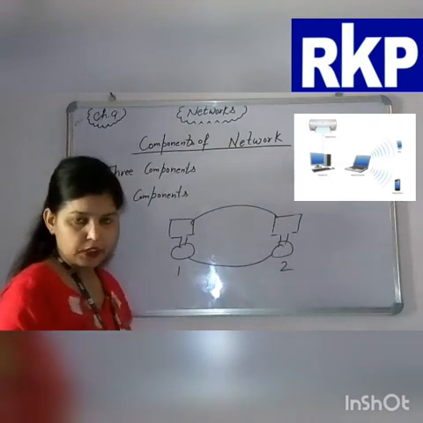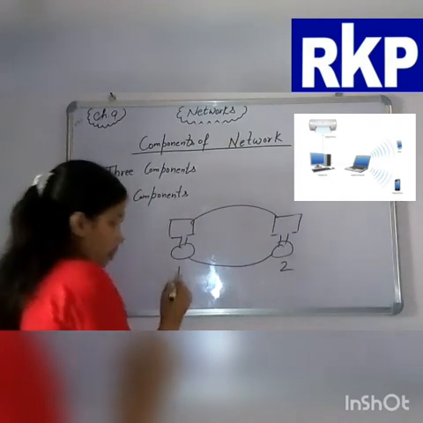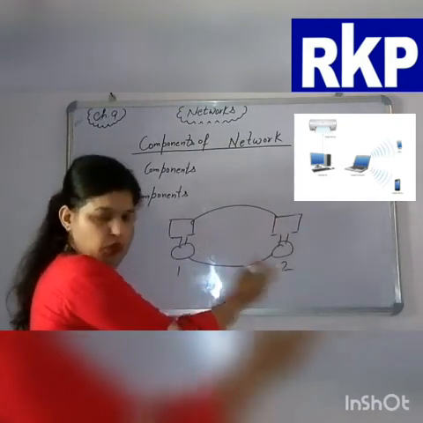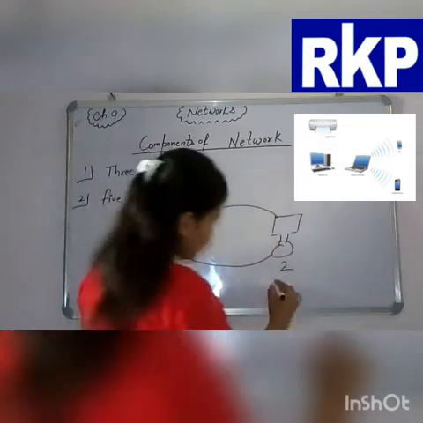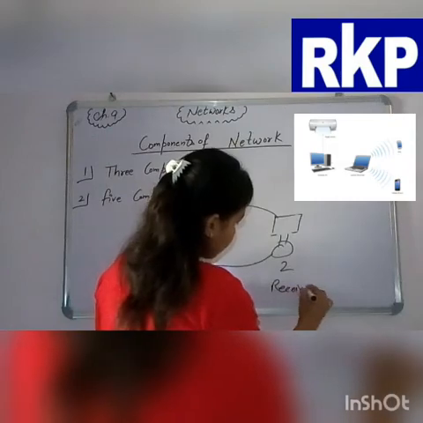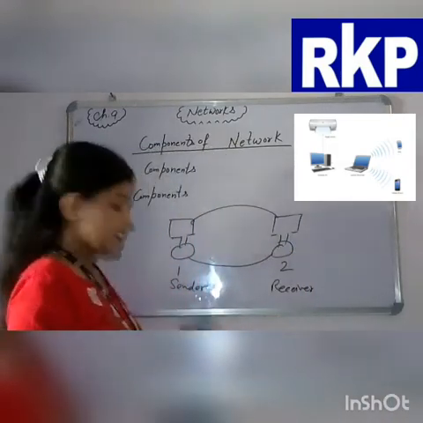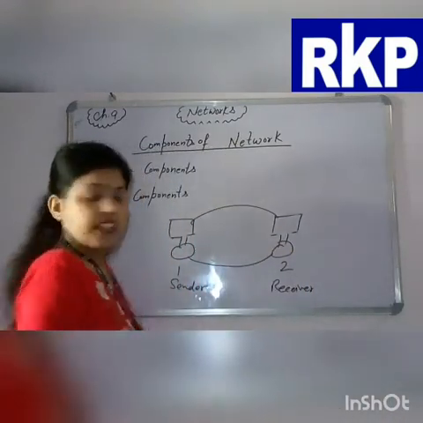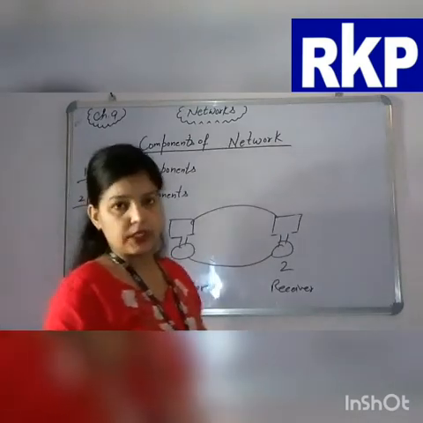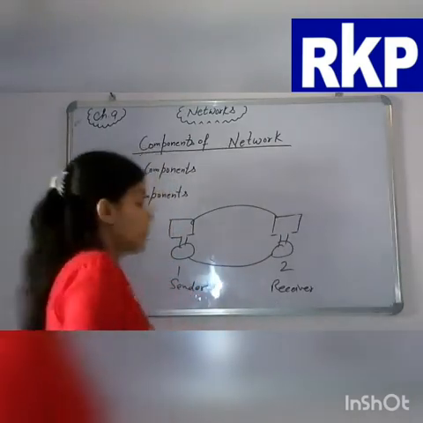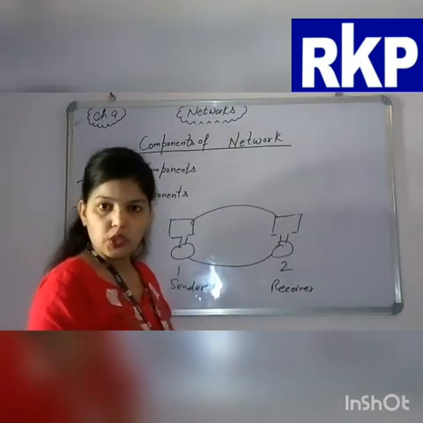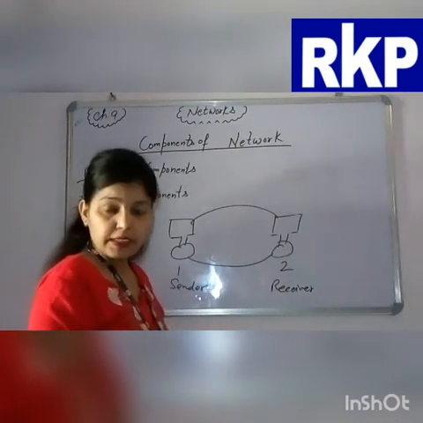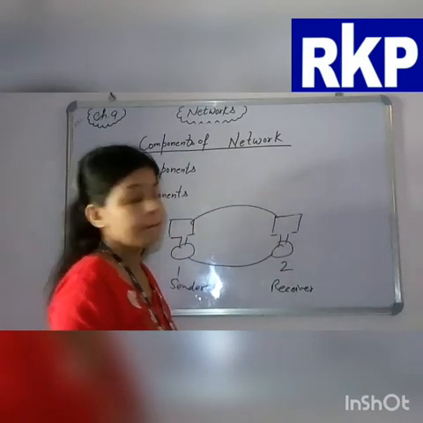Now suppose this one is sending information or data, so it is the sender. This one is receiving information or data, so it is the receiver. Clear? Now both are connected to each other, through Wi-Fi or any wireless media.